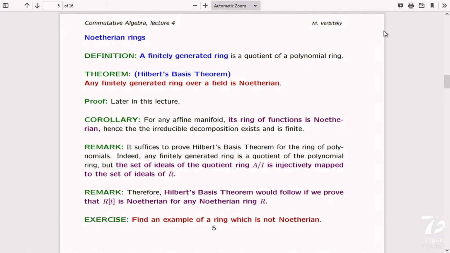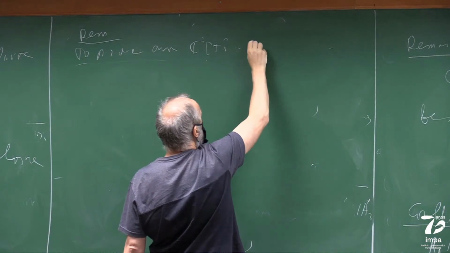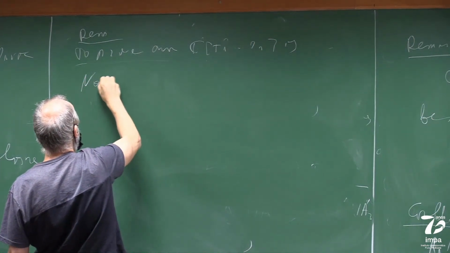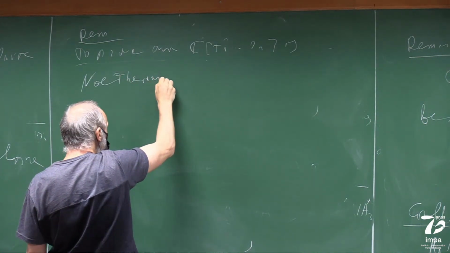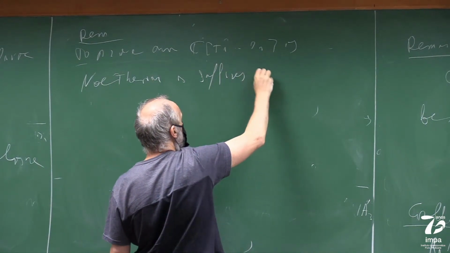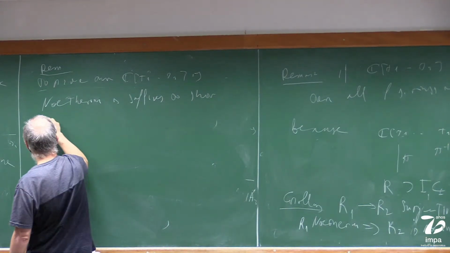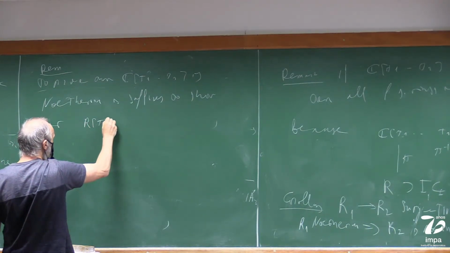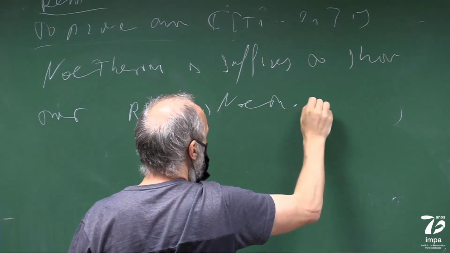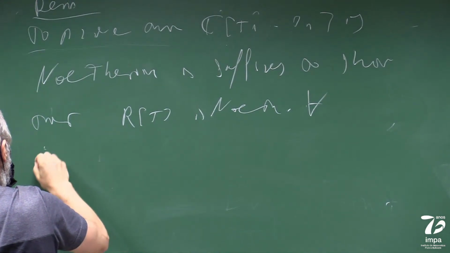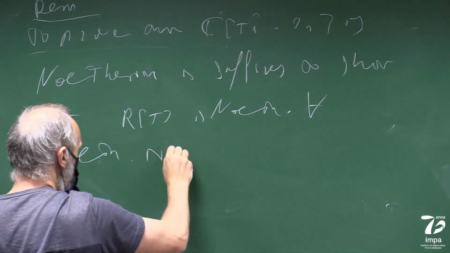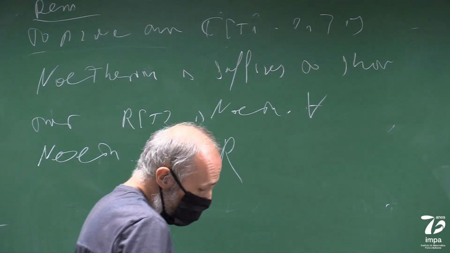And there's another trivial remark: to prove that the polynomial ring is Noetherian, it suffices to show that R[t], the polynomials of one variable, is Noetherian for all Noetherian rings R. Then you can use induction.